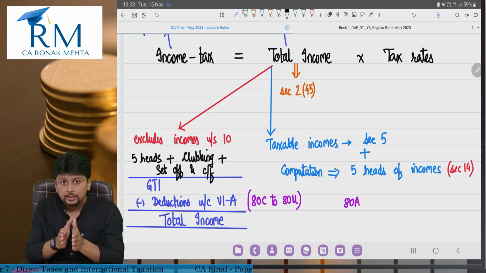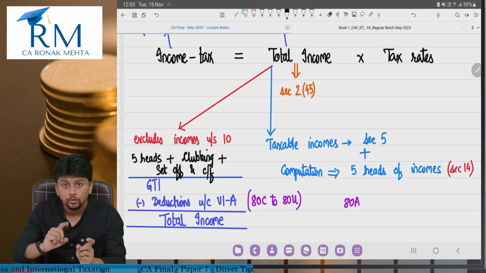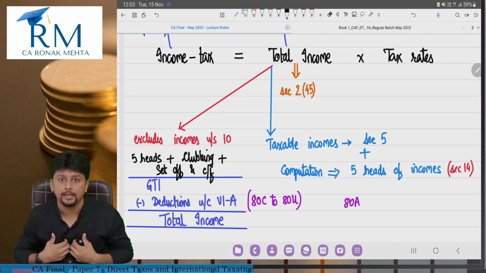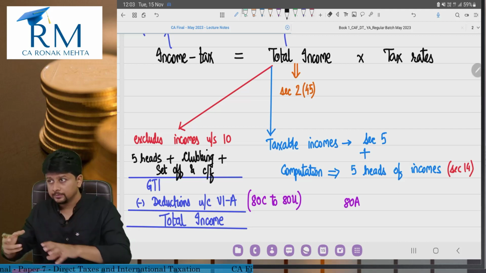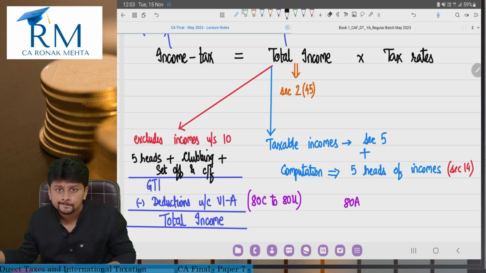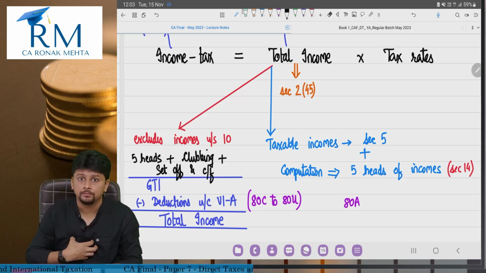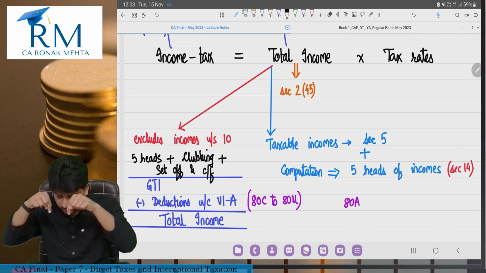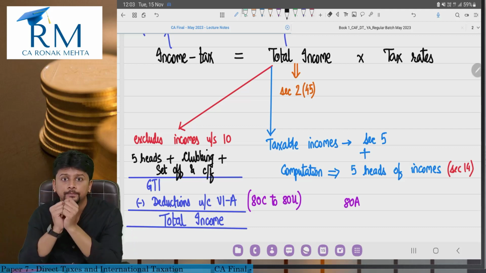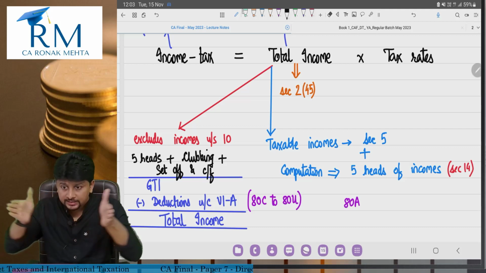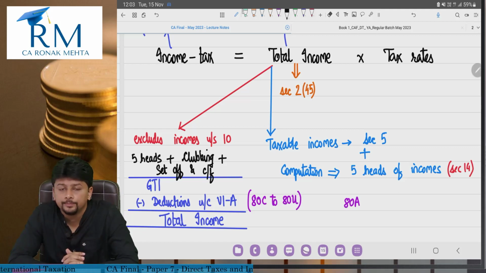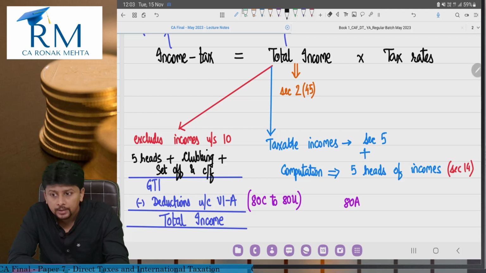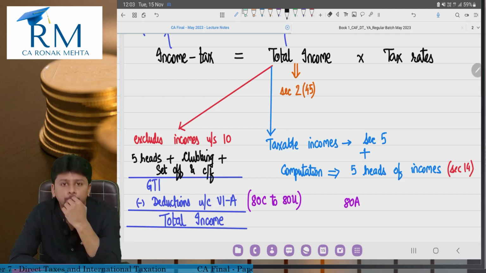That means this income has to be included in that somebody else's gross total income, not mine. Reverse, somebody else has earned the income, but I am the person responsible because of a certain section of clubbing. Then that income will be included in my gross total income. So in the process of calculating gross total income, I have to take into account the chapter of clubbing of income also.